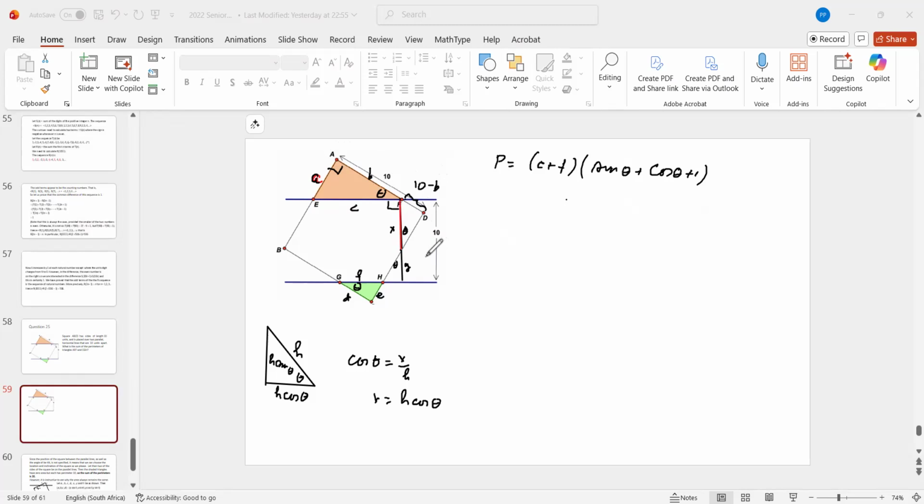So that's 10 minus b. Somehow, this whole thing here is 10 minus e. That's not going to help us too much. Okay, maybe I'd better do this. I'm in the wrong place here.